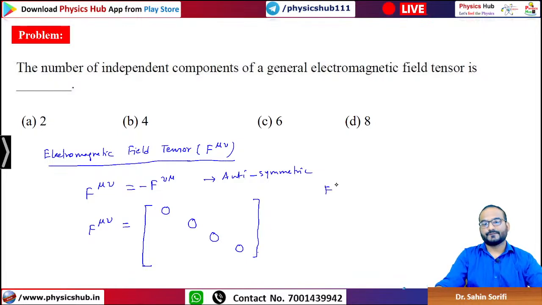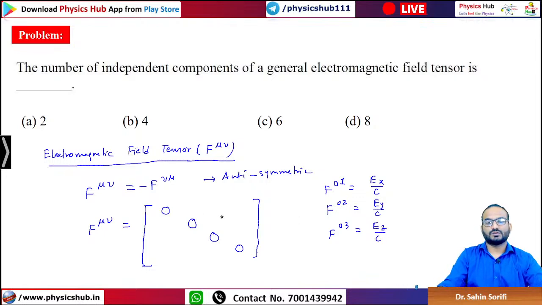So F01 means this component, F02 means this component, F03 is this. So F01 is Ex by c, F02 is Ey by c, F03 is Ez by c.